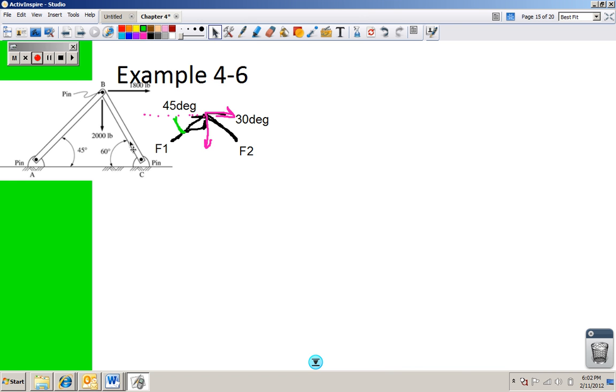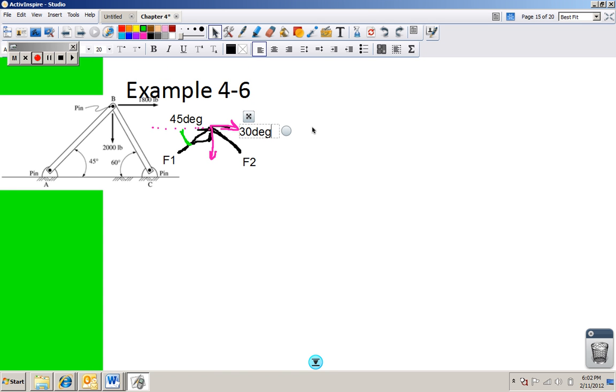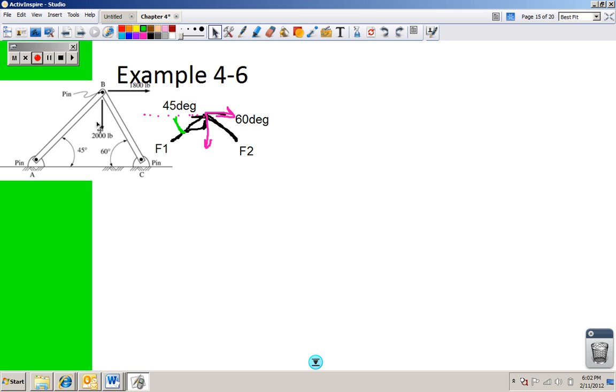So this angle is 90, that's 60, 90 minus 30, minus 60 is 30, and 90 minus 45 gives us 45 there. Okay. So this one is 45, but this one is actually 60. Sorry. Okay, because that angle's 30, that angle's 60. Alright? Okay, so got the same tricks as before.